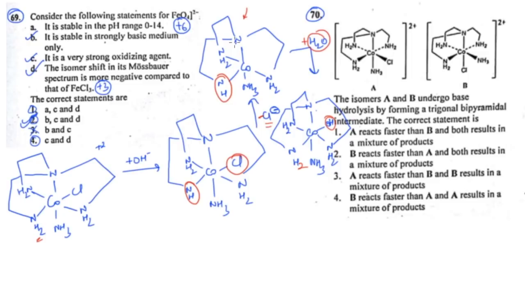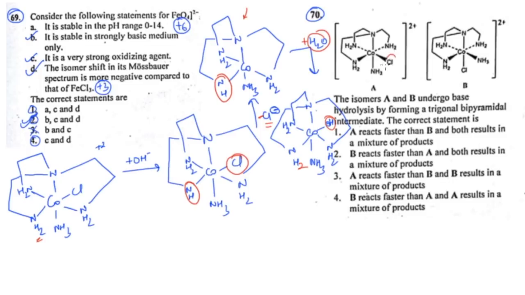In B also the same thing will happen. This is for A. So, does A react faster than B, or B faster than A? That's what we need to tell. Now in B, what is happening?